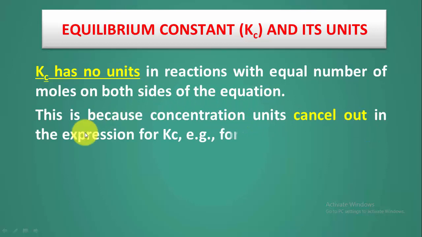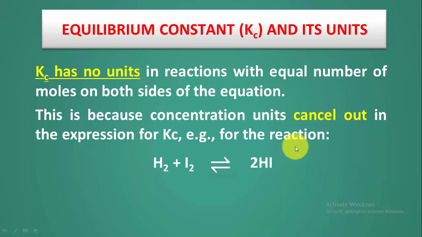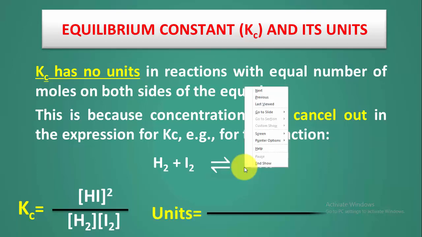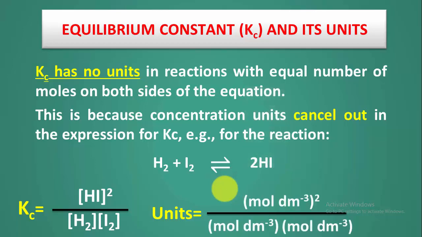For example, H2 plus I2 is equal to 2HI. It's a reversible reaction. So in this reaction, when we write Kc, Kc is equal to the concentration of products over the concentration of reactants raised to the power of their coefficients. So Kc is equal to [HI] squared over [H2][I2].